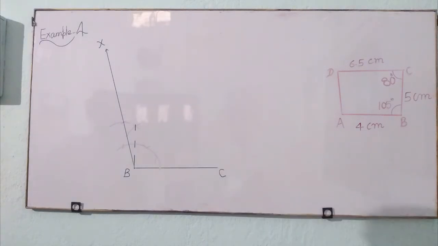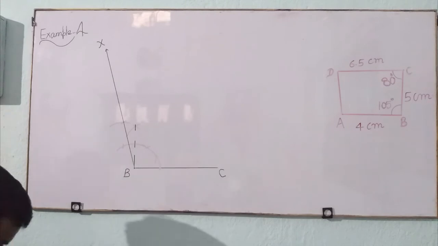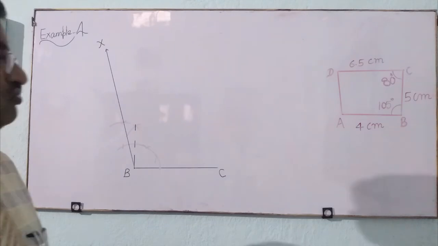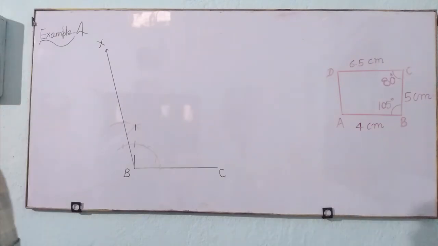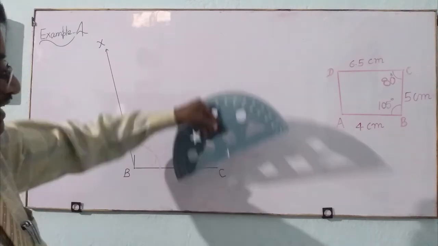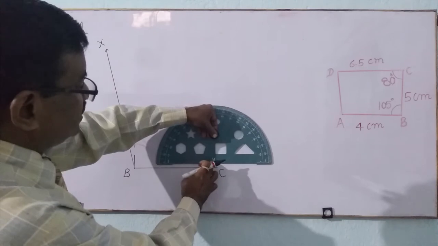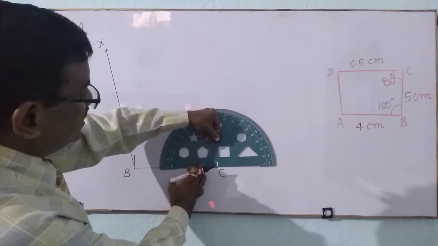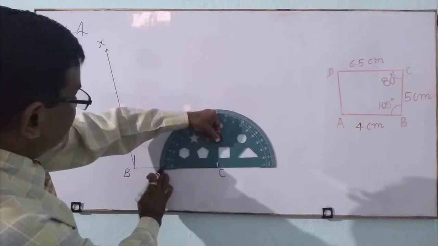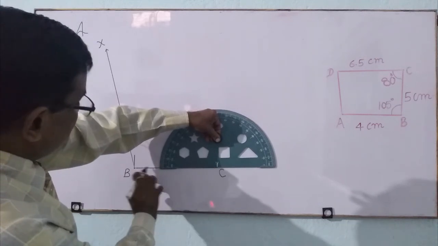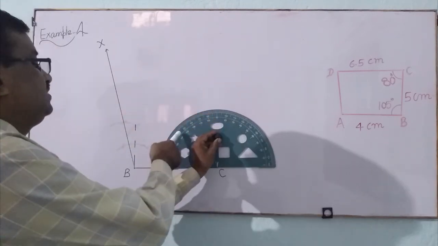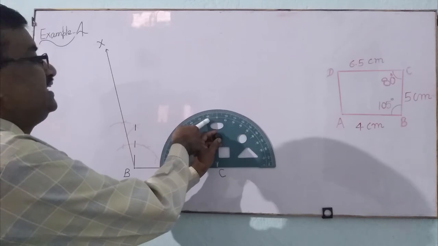At point C, we have to construct an angle of 80 degree. We are unable to construct 80 degree using compass, then we have to use protractor. Now put your mark with the point C, and this is the line you have to keep with the initial line. Now count 10, 20, 30, 40, 50, 60, 70, 80.